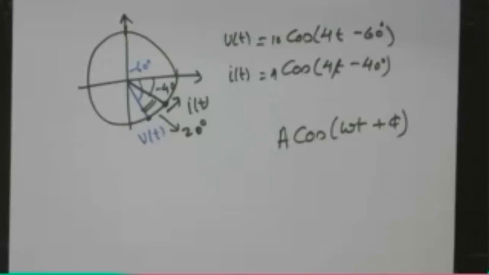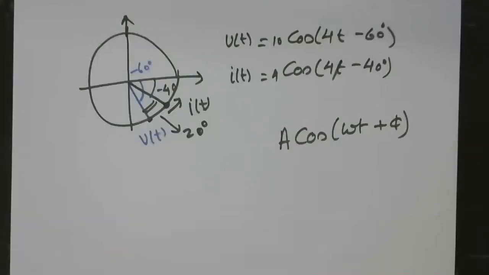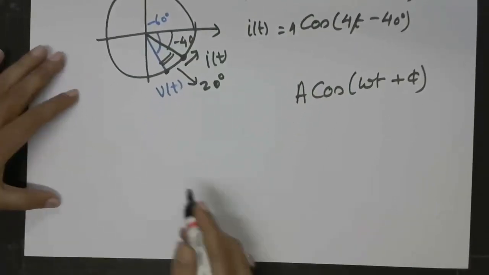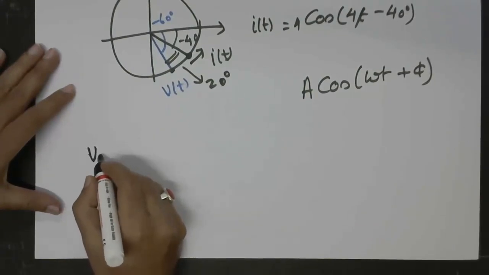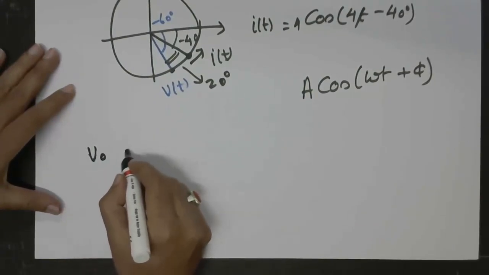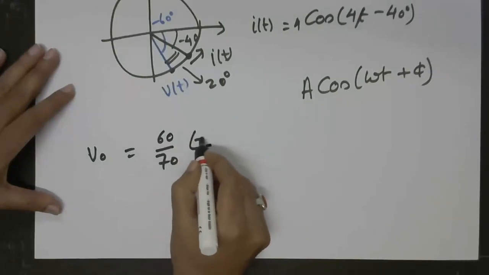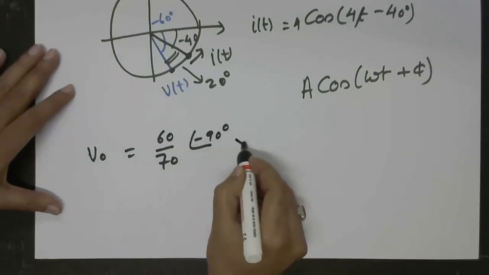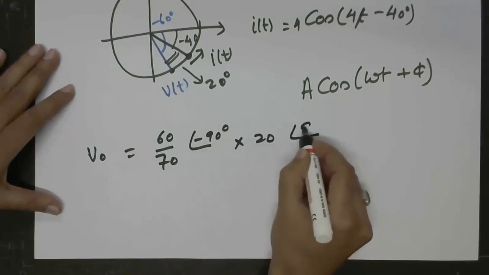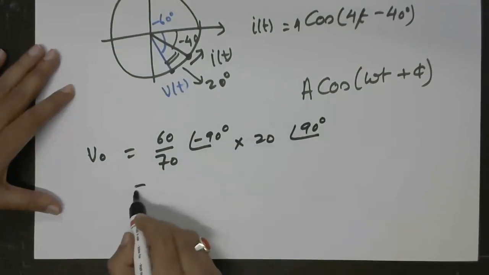Is the minus 90 degree and plus 90 degree cancelled in the last step? I will show the video to answer your question. So what we got was VO in phasor form as 60 by 70 with angle minus 90 degrees into 20 with angle 90 degrees.